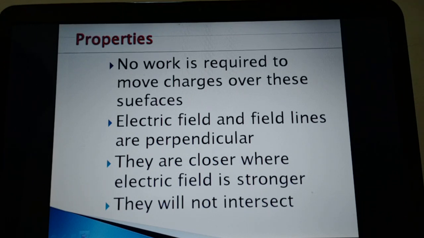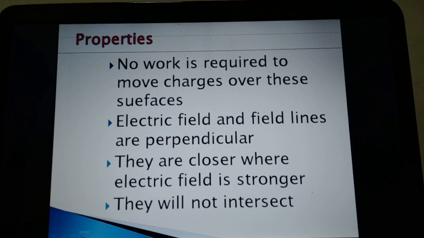The third property is that they are closer where the electric field is stronger. Within an electric field, you can consider many equipotential surfaces. If you consider a surface normal to the electric field or electric field lines, that surface should be an equipotential surface by the second property.